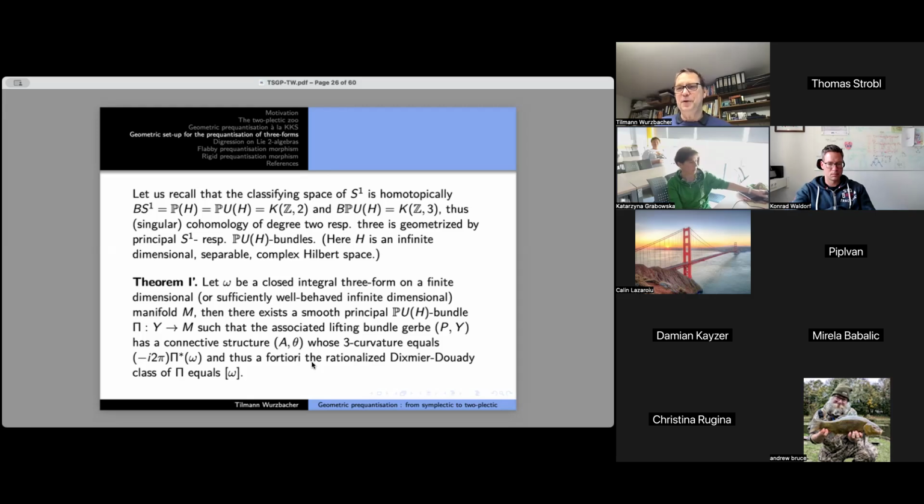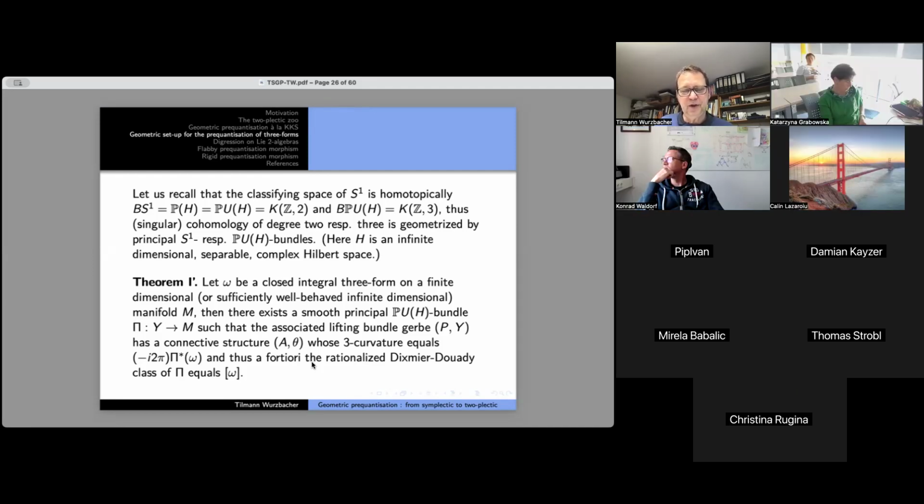This would be nice because then you stay in a finite dimensional context. But since we work with forms, we are never in the torsion part, and we never have a finite dimensional H. So we are forced to go to infinite dimensional H.